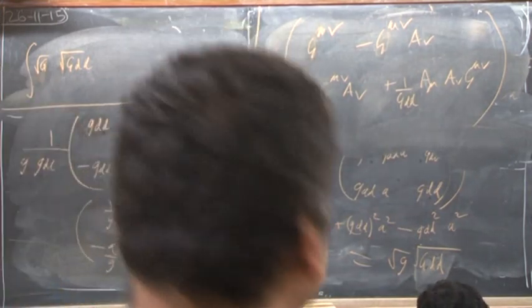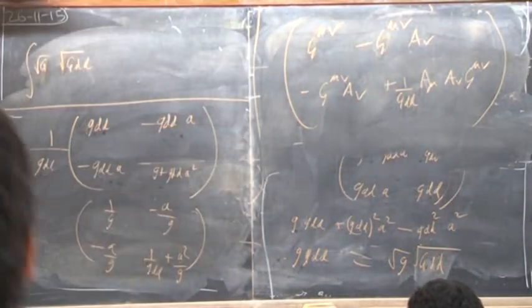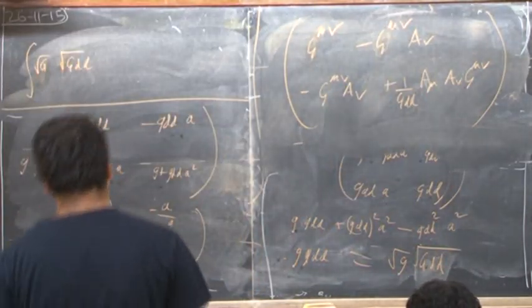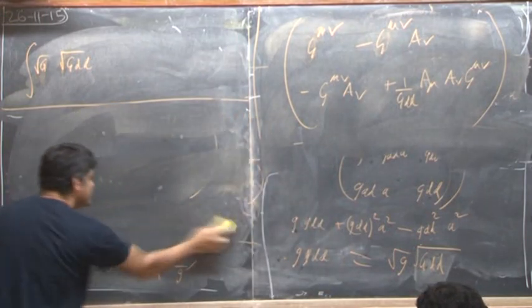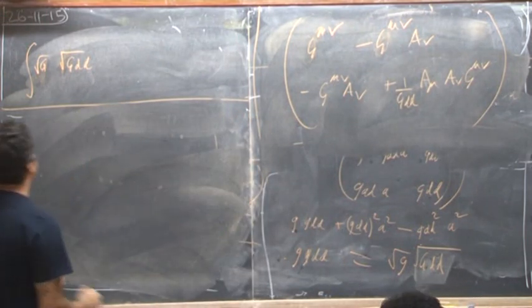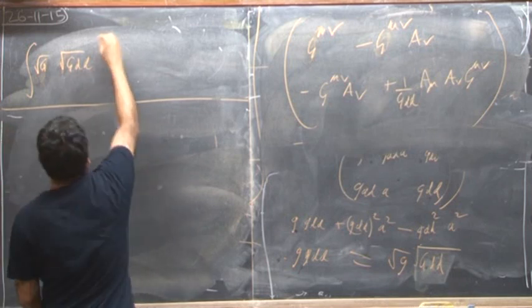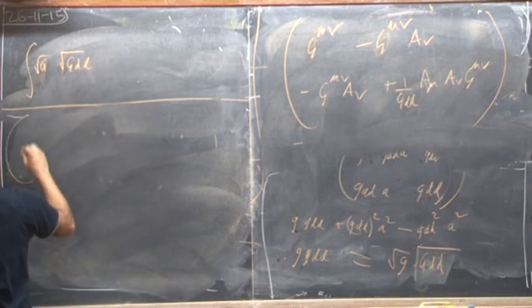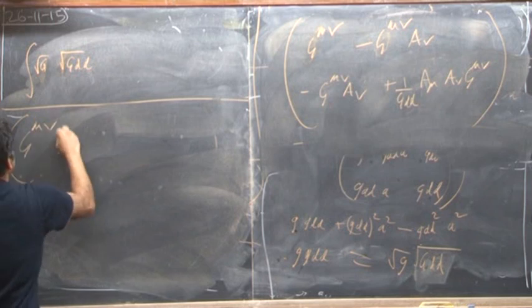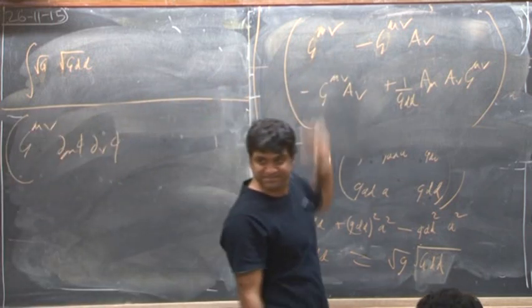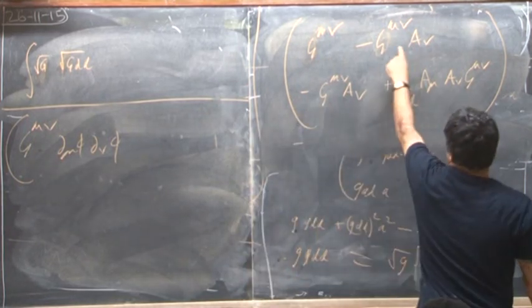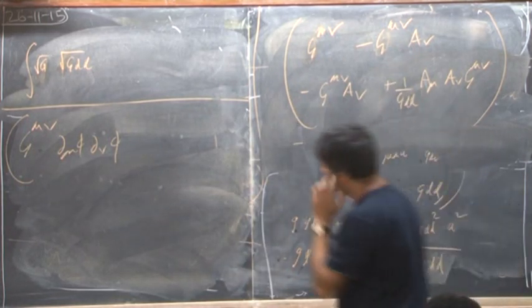Now that we have the inverse, it's easy to write down the Lagrangian, our scalar field Lagrangian. So let's write it down. We have this thing times G mu nu d mu phi d nu phi. That part is easy. Now let's look at these two terms.